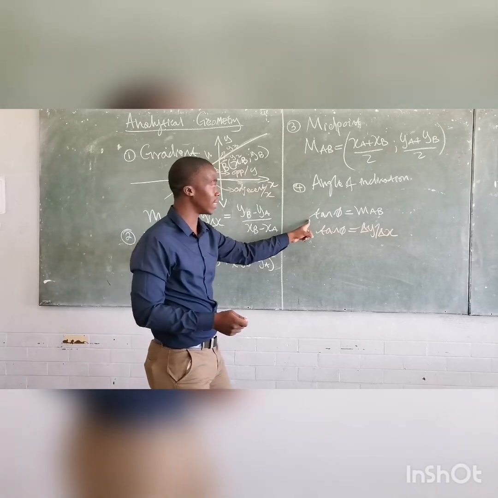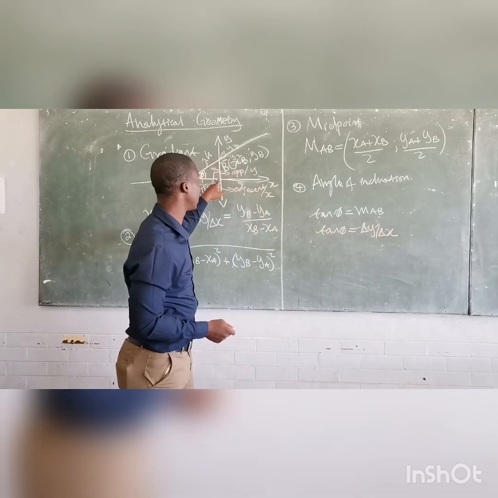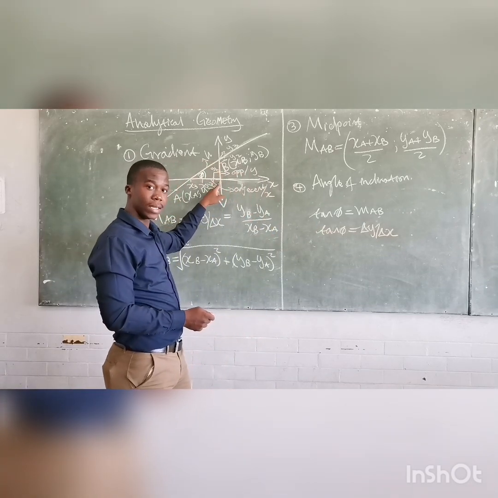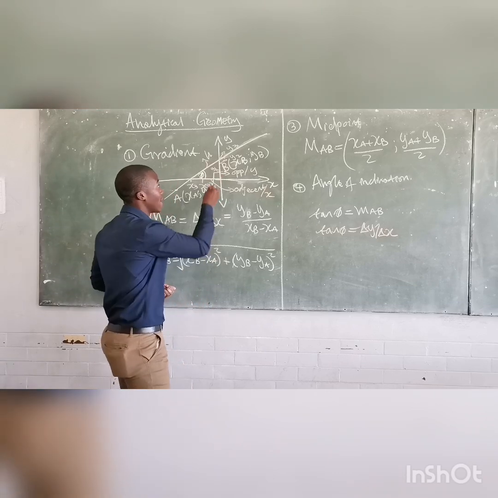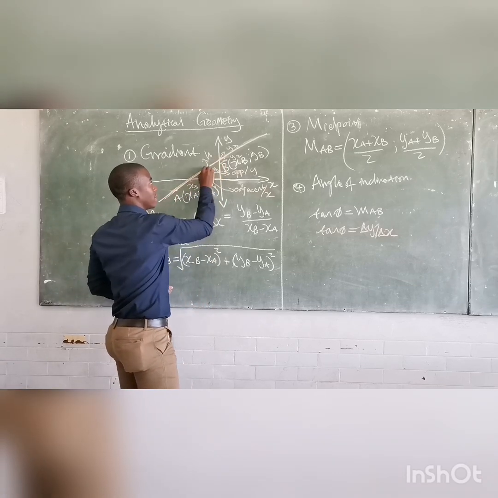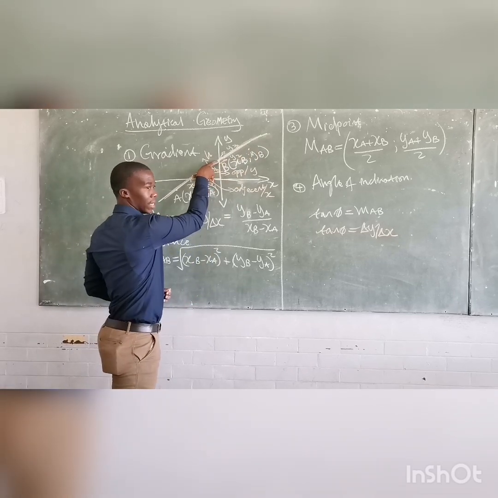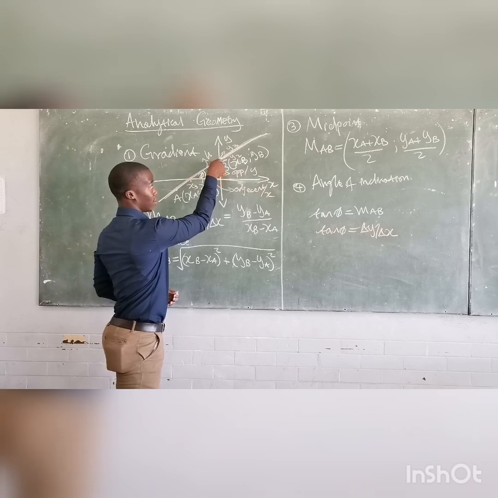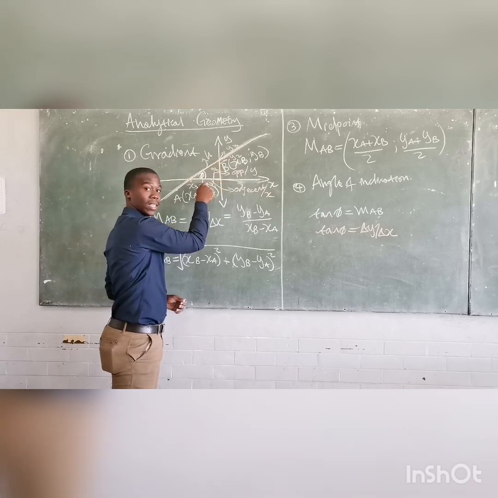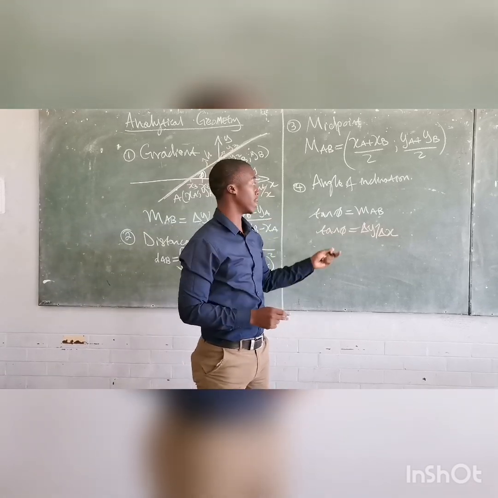That's why tan theta is equal to the gradient of AB, because when you say change in y over change in x, this will give you the gradient of the line AB. So that's why we simply use the gradient, because the gradient represents change in y over change in x. That's why we say tan theta is equal to the gradient of AB.